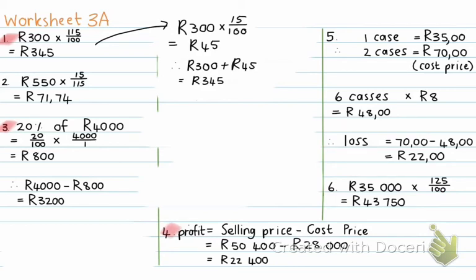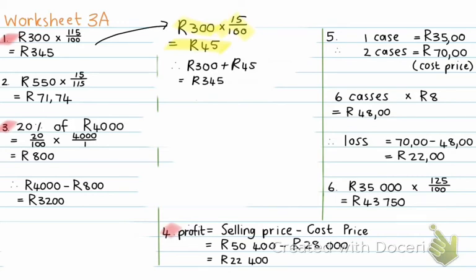We first have to calculate how much VAT will be added to this piece of clothing, and VAT is 15%, okay? So we have to work out 15% of, which means I should multiply, 300. And if you work that out, you get an answer of 45. Then 45 Rand only represents the VAT.